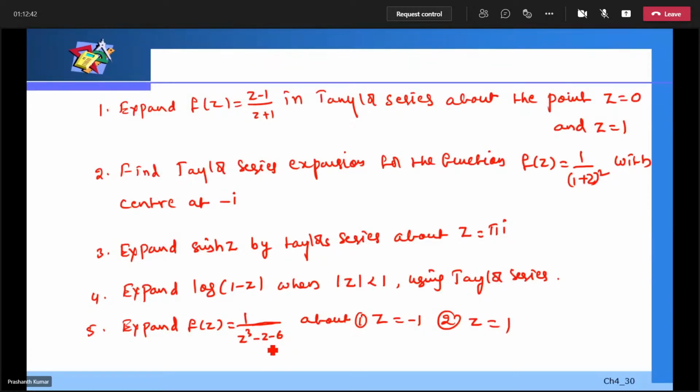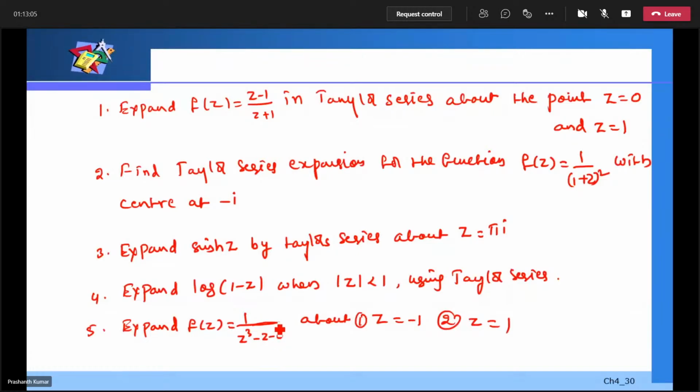You solve this by resolving into partial fractions.